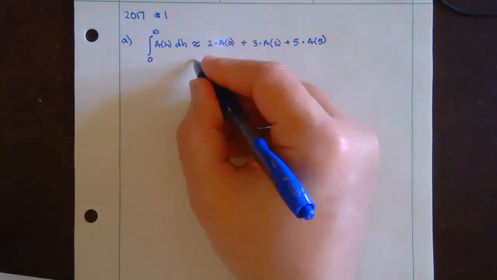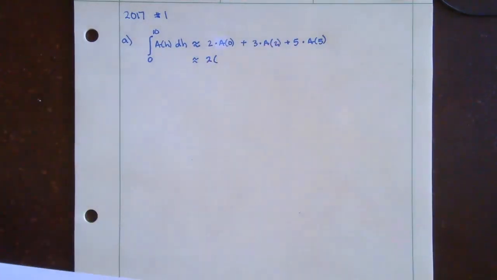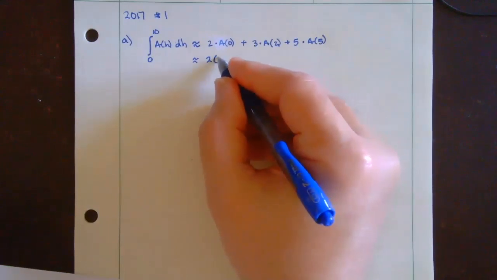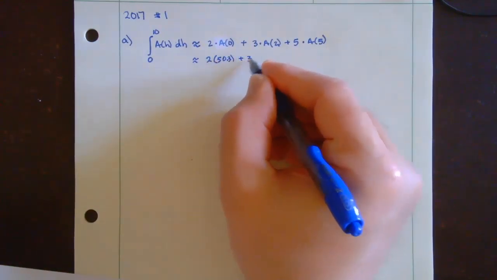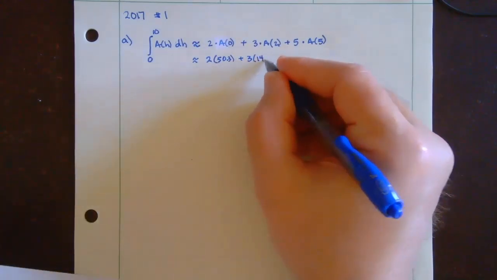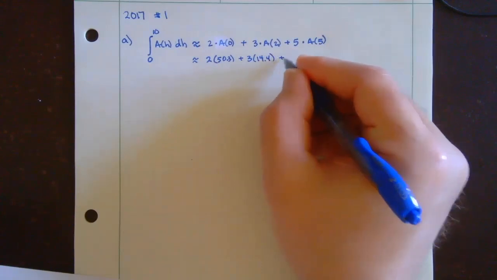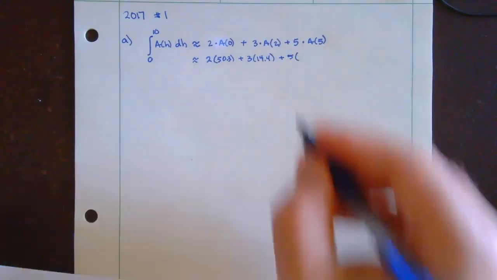Okay, so from the table, this would be 2 times, and A of 0 is 50.3. I'm just reading this off the table. Plus 3 times A of 2, which is 14.4. And then plus 5 times A of 5, which would be 6.5.